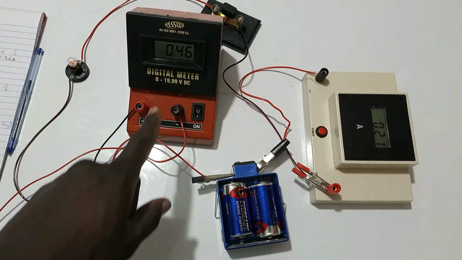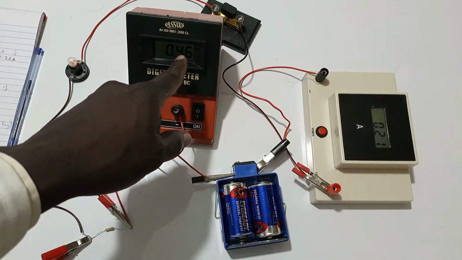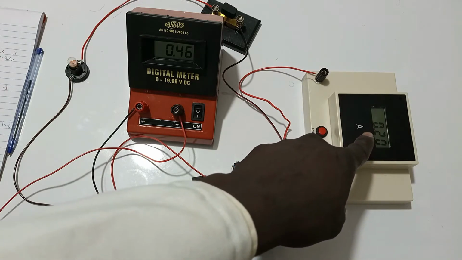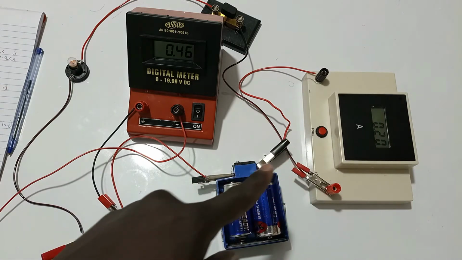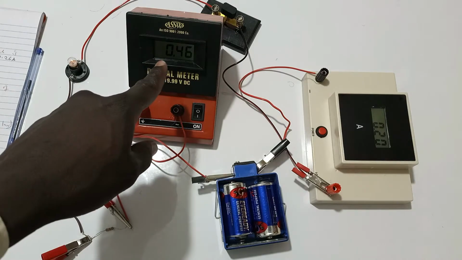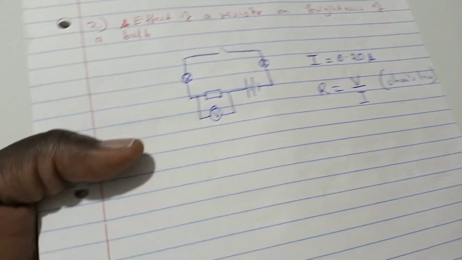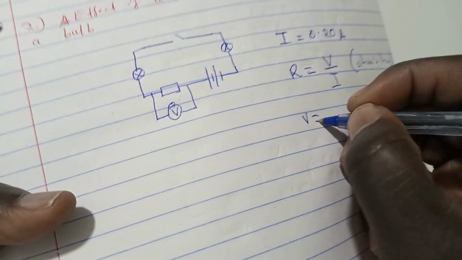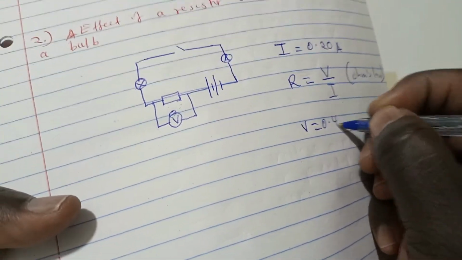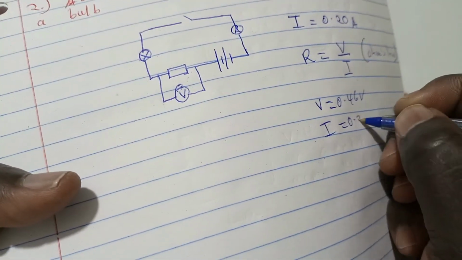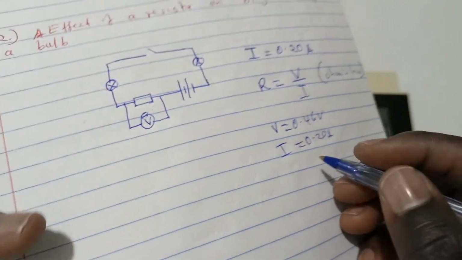So the voltage is 0.46, while the current is 0.20. That's the current. The voltage is 0.46. So from here, V is 0.46 volts, while current we already found to be 0.20 amps.